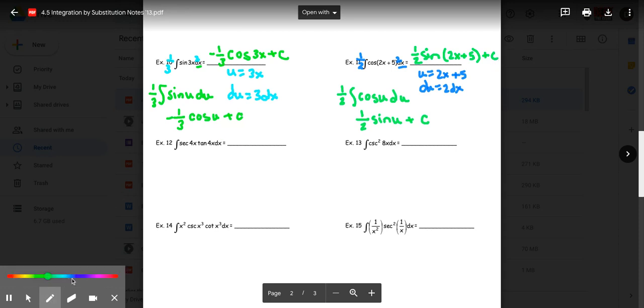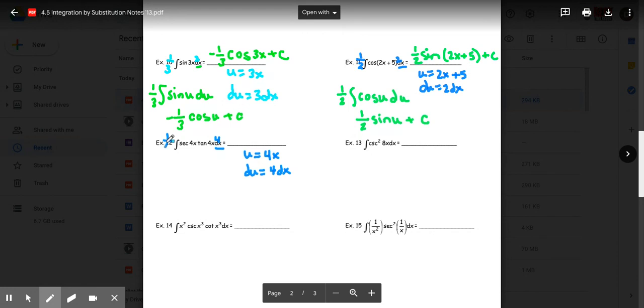All right, the next one here, we're going to pick our u. We should see that we know how to integrate secant tangent. Our new inside is 4x. So we make u 4x. Du is 4 dx. So I have to put a 4 in. That will complete my du right there.